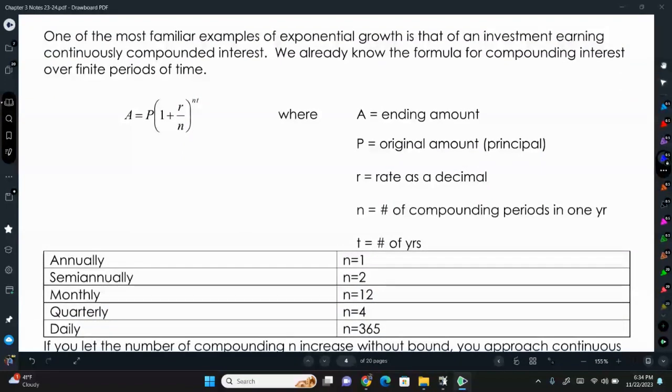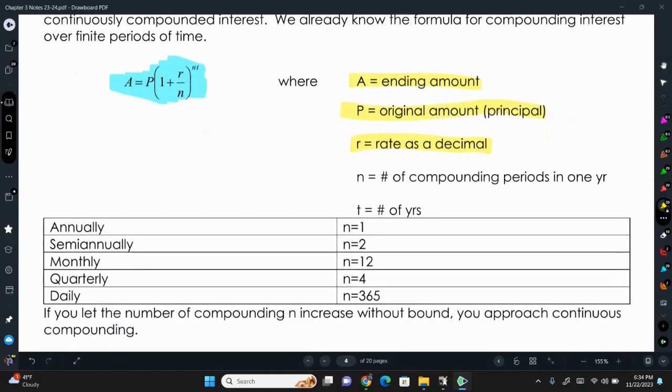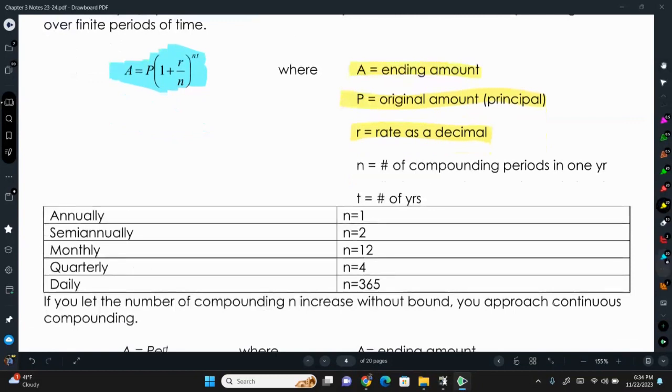So if we compound our interest, we have a formula here: A equals P times (1 plus r over n) raised to the nt, where the A value is what we end up with, P is the original amount called the principal, r is the rate as a decimal, and n is the number of compound periods in 1 year, and t is the number of years.